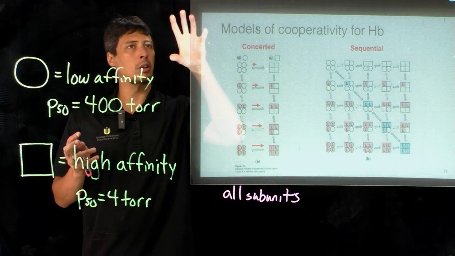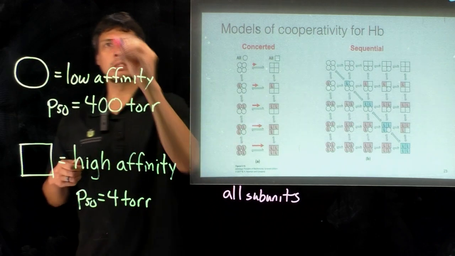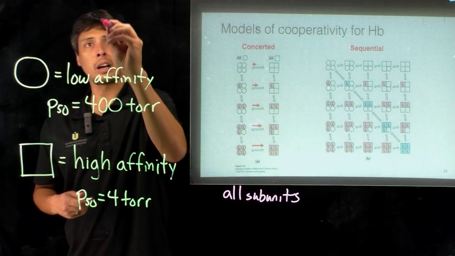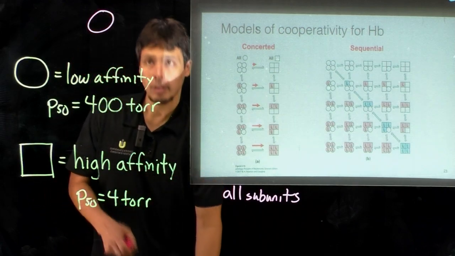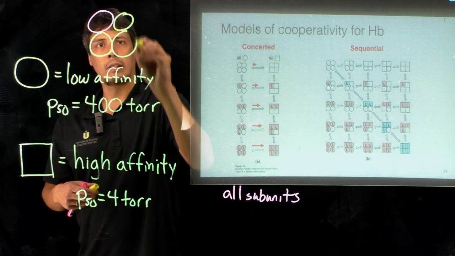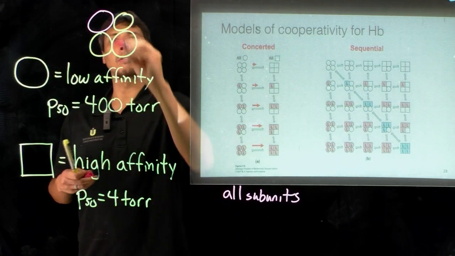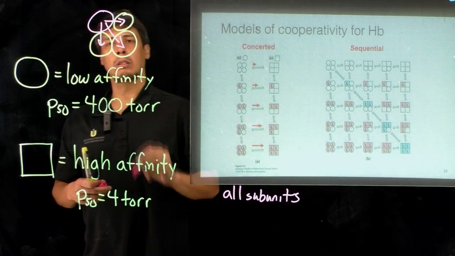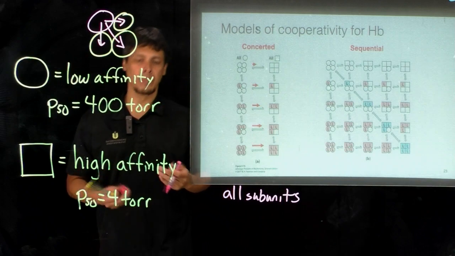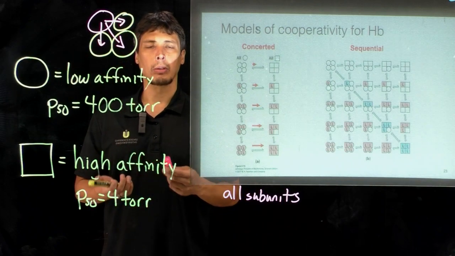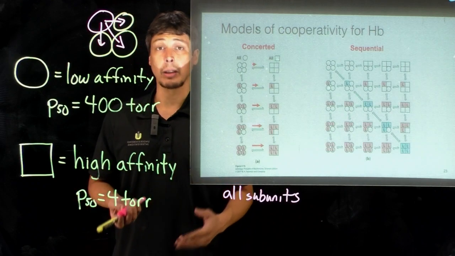If one subunit is able to bind oxygen, which I'll show as red, it's able to communicate that information to the other subunits in some way. And so the question then is, how does it do that? Why does the tetramer promote this, but the monomer doesn't?